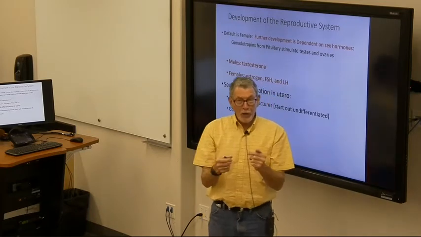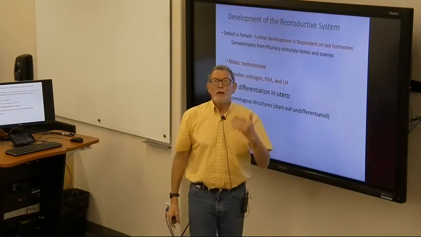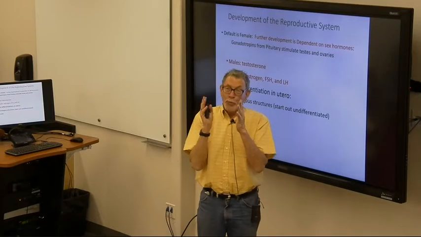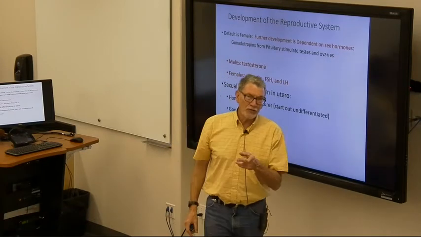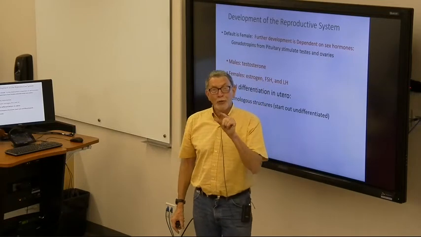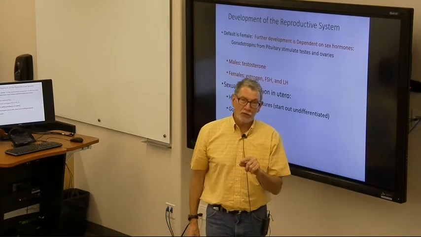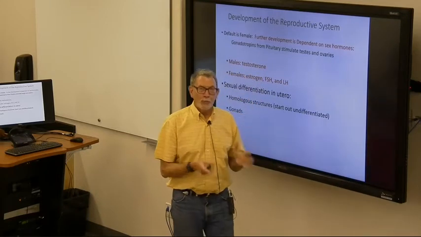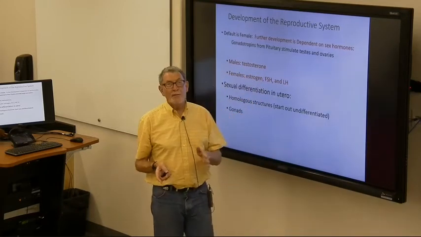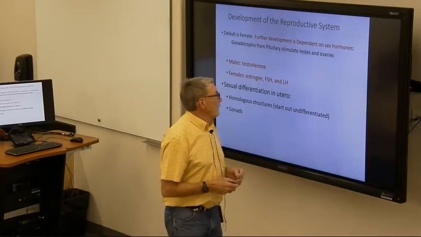And it's that process of secreting testosterone that is required for your body to develop into that of a male. In the absence of testosterone, or if you're unable to respond normally to testosterone, you will have a female phenotype. You'll turn out looking like a female even if genetically you're a male.